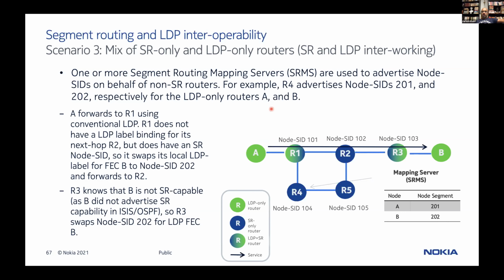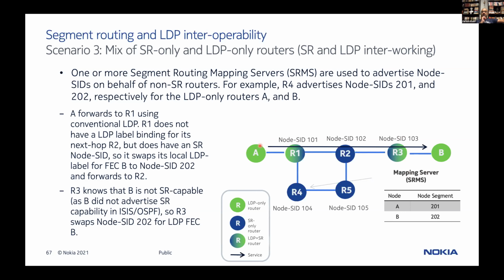Now, remember that we're running LDP in this part of the network between router A and R1, and we're running LDP between router 3 and router B. So if router A has to send traffic to router B via LDP, what does it do?